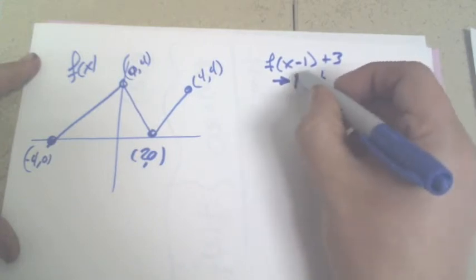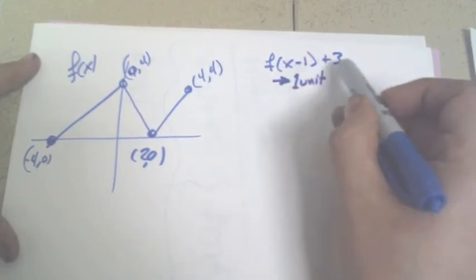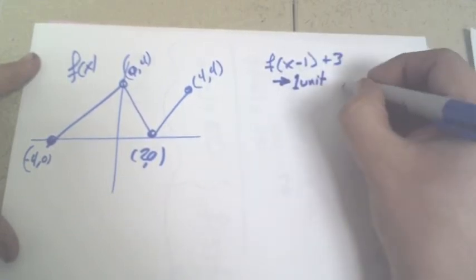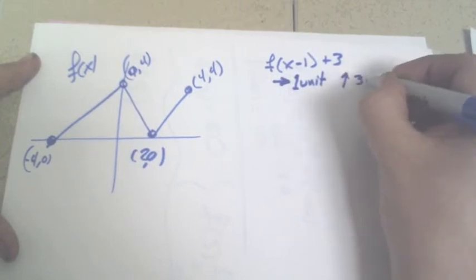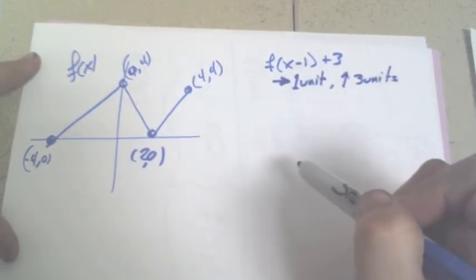When you read that section, you got used to the fact that everything happening inside was backwards. Adding the 3 outside is going to lift us up 3 units. Those are the translations that we have to deal with.